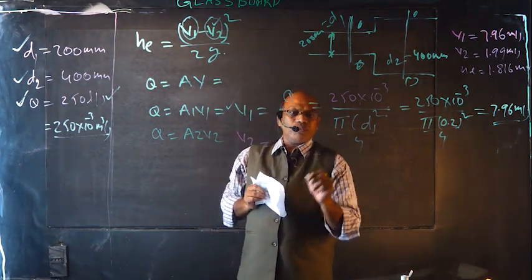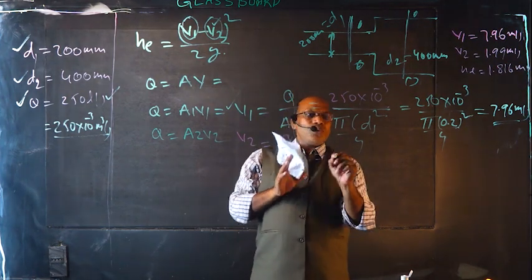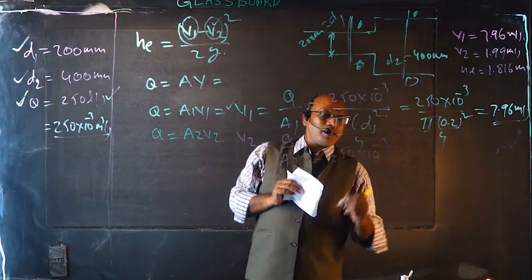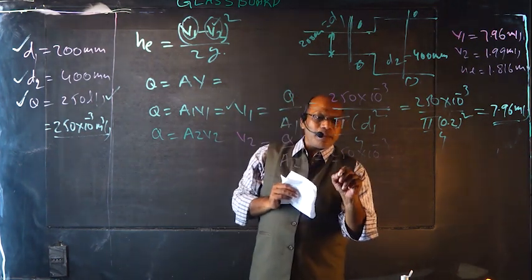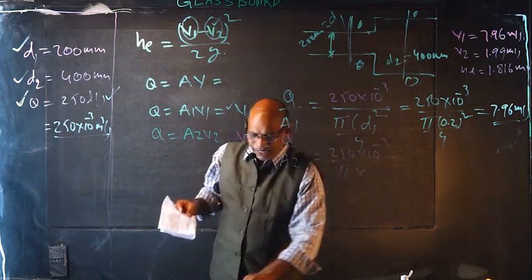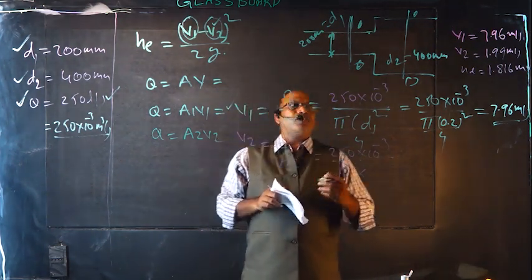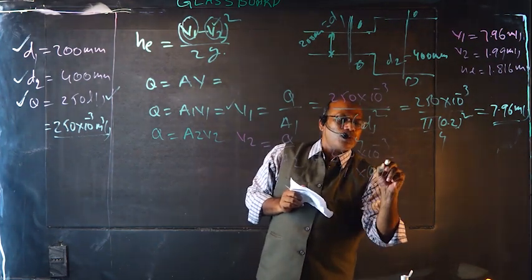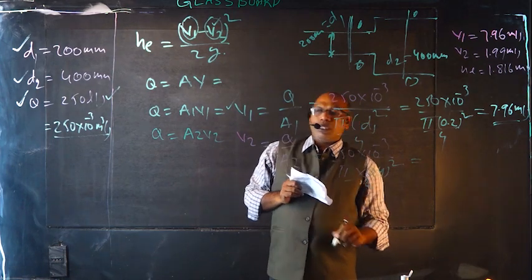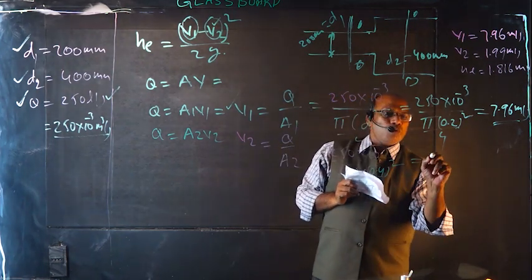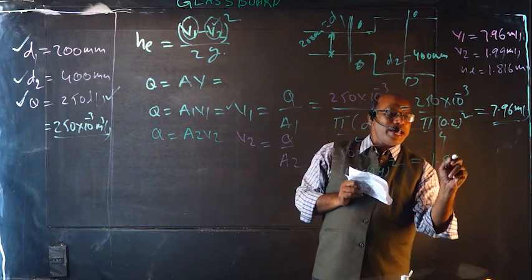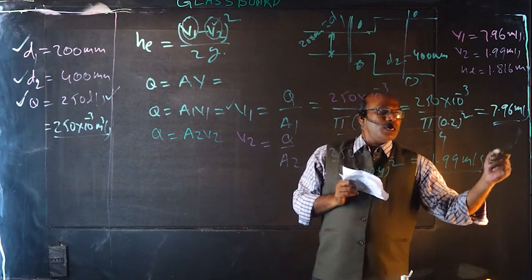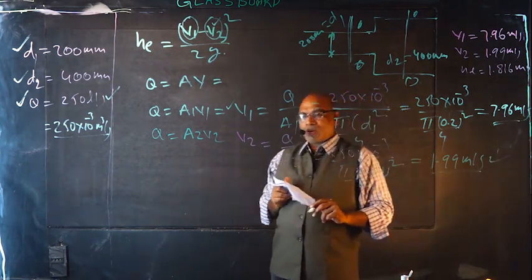What is the Q value? 250 into 10 power minus 3 divided by pi into, what is the diameter at section 2-2? Diameter at section 2-2 equal to 400 mm, that is equal to 0.4 meters, so square divided by 4. Therefore, V2 is equal to 1.99 meter per second. This is the velocity at section 2-2, and this is the velocity at section 1-1.